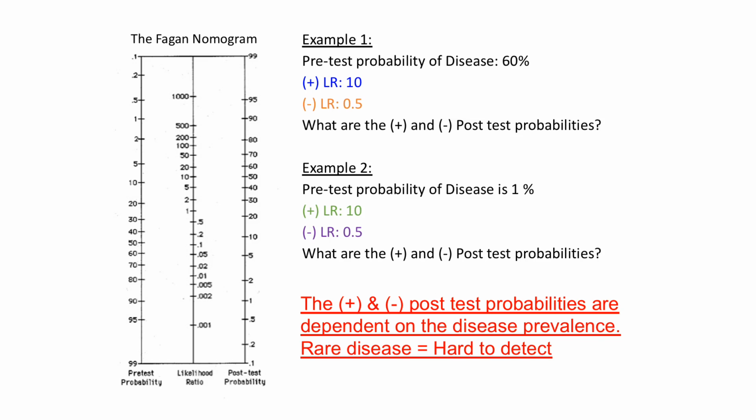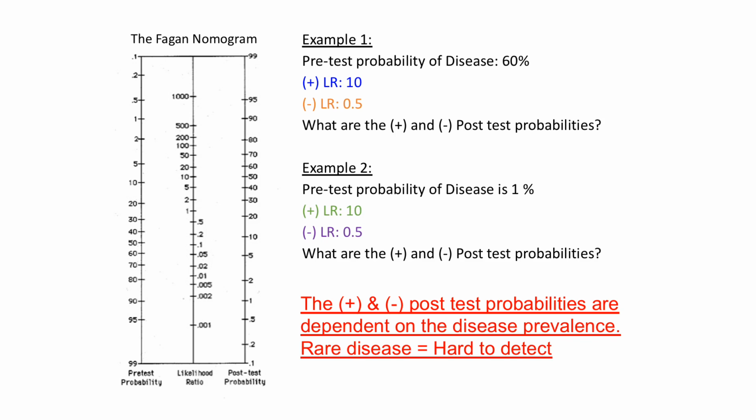Let's use the Fagan Nomogram. The Fagan Nomogram draws relationships between the pre-test probability, the likelihood ratio, and the post-test probability. Let's take our first example. Say, for instance, the pre-test probability of disease is 60%.